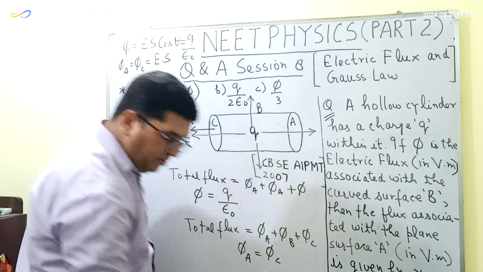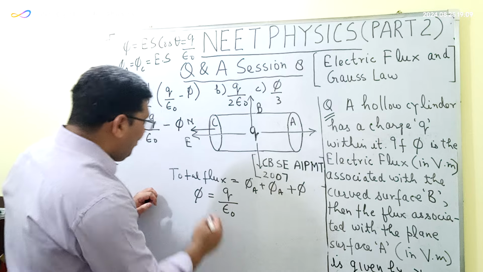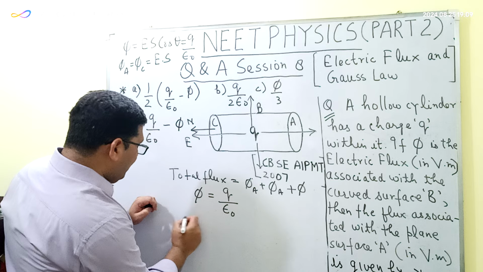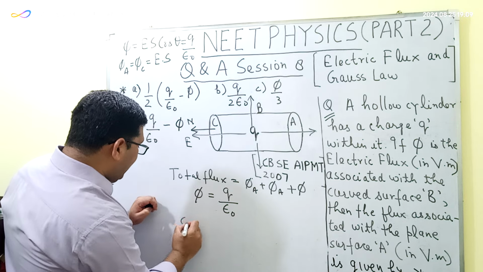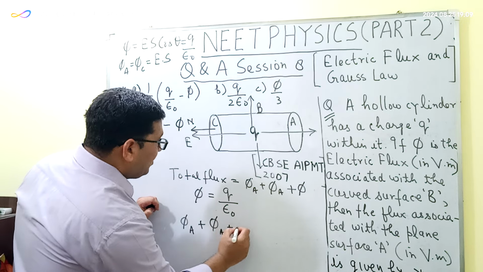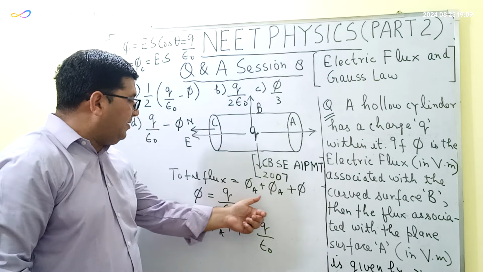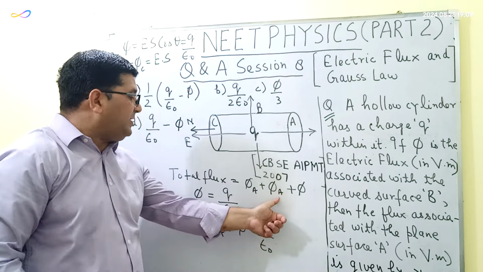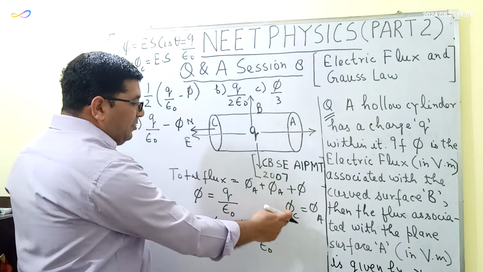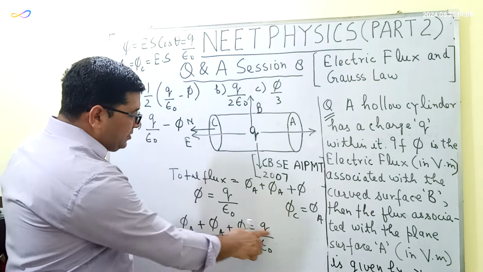Using this Gauss law, the total flux associated with this hollow cylinder will be equal to phi A plus phi A plus phi, which will be equal to Q upon epsilon naught. Here the total flux was phi A plus phi C plus phi, but since phi C is equal to phi A, I have substituted phi C as phi A. So 2 phi A plus phi is equal to Q upon epsilon naught.